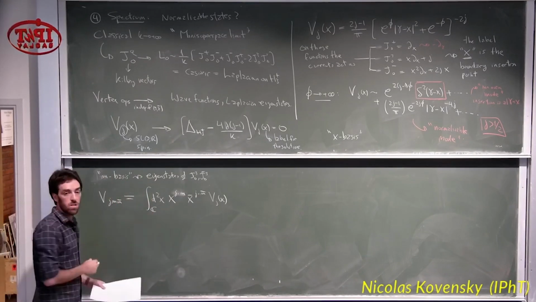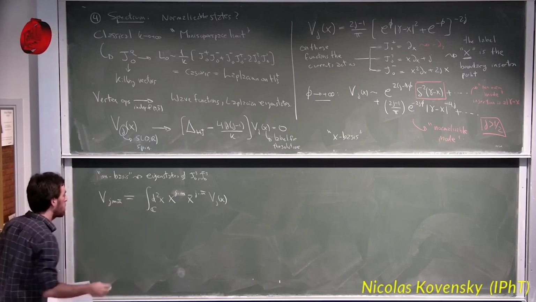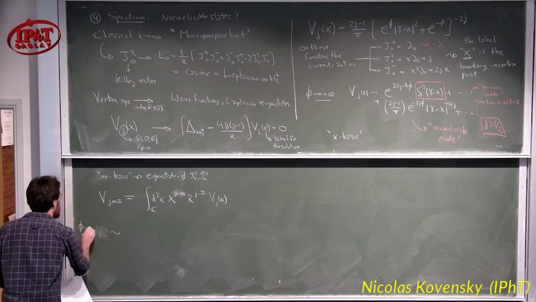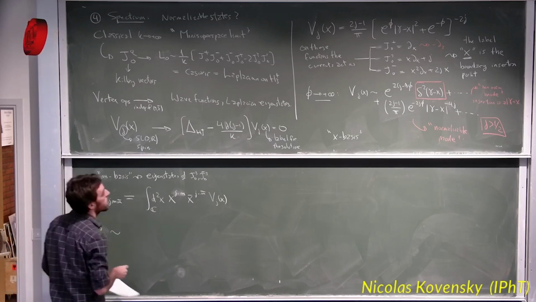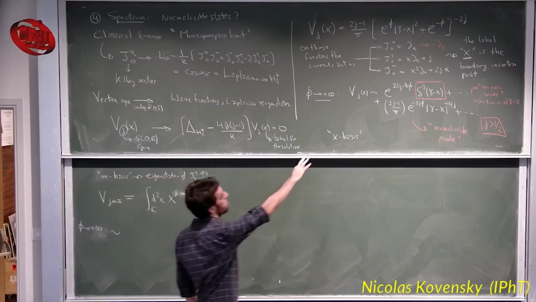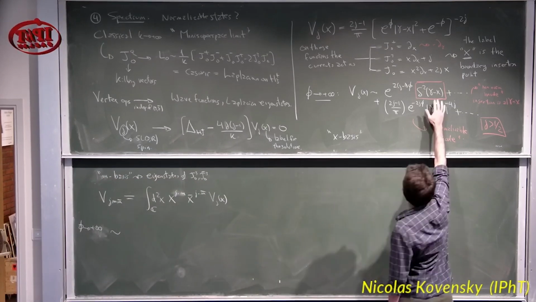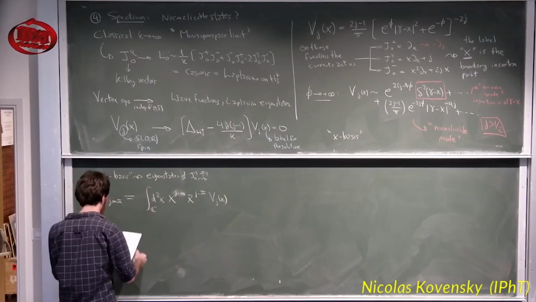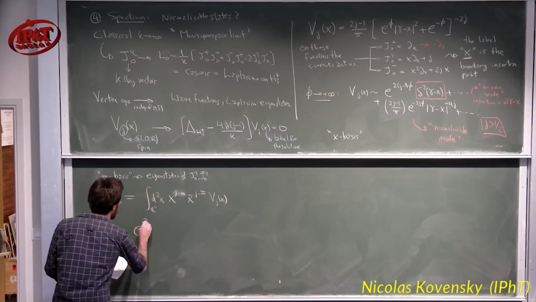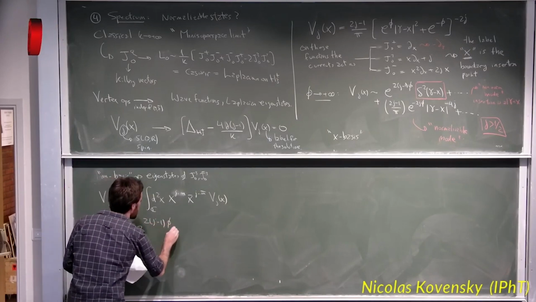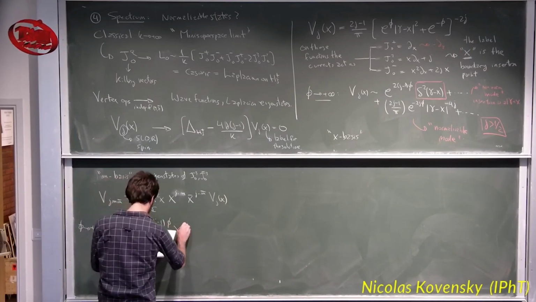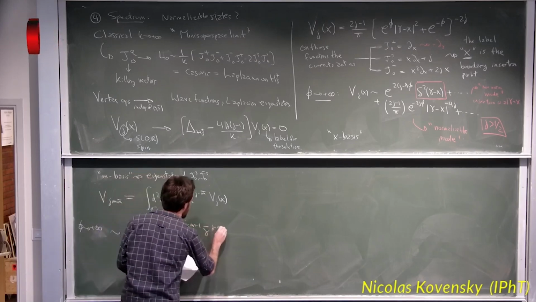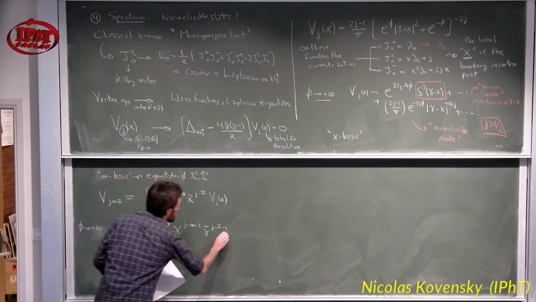Okay, so these are the energy eigenstates, right? And when I look at what happens near the boundary, what I get is just a transformation of these two terms. So the first one is very easy to integrate because I have a delta function. The second one is a bit more complicated. You get a bunch of gamma functions. So what you get is something like this, plus corrections.